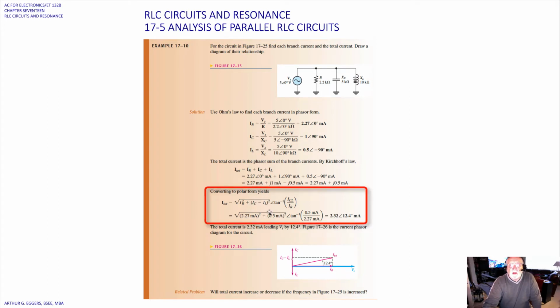So the next step, we convert our rectangular form into our polar form. So we have the square root of I R squared plus I sub C minus I sub L squared, and the inverse tangent gives us then a current total of 2.32 milliamps at an angle of 12.4 degrees.